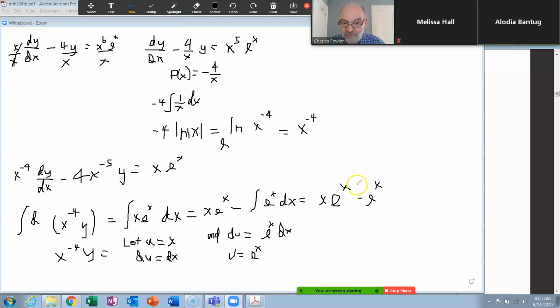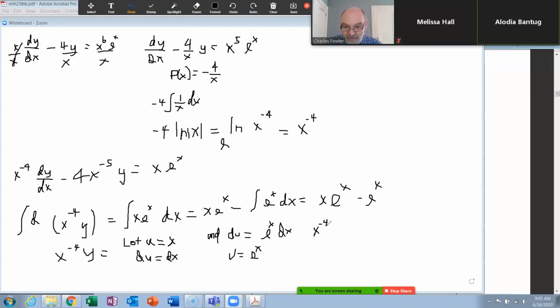And this is equal to your left-hand side, which is your x to the fourth. I'm running out of room here, but hopefully we're close enough to the x to the minus 4. Yes, we are.